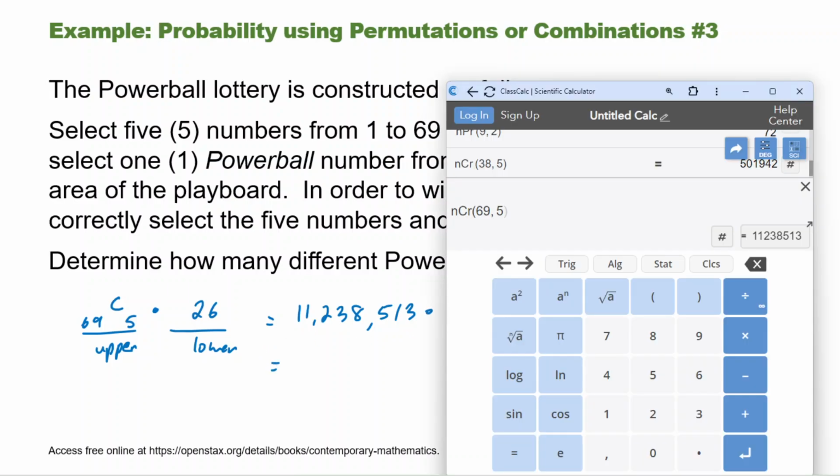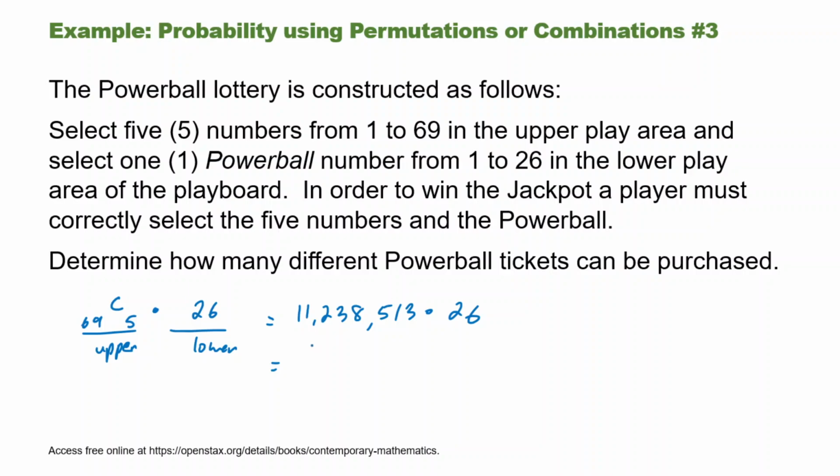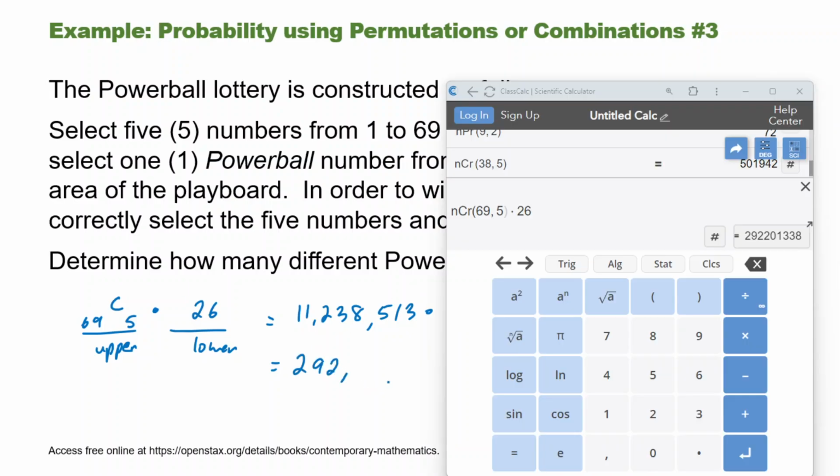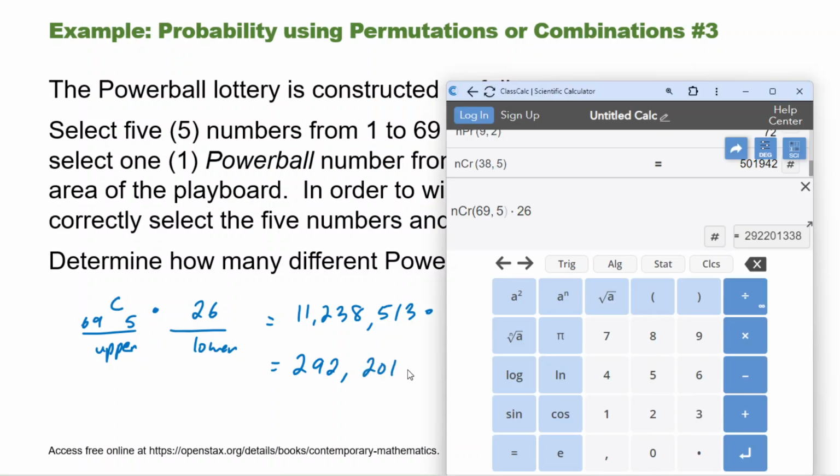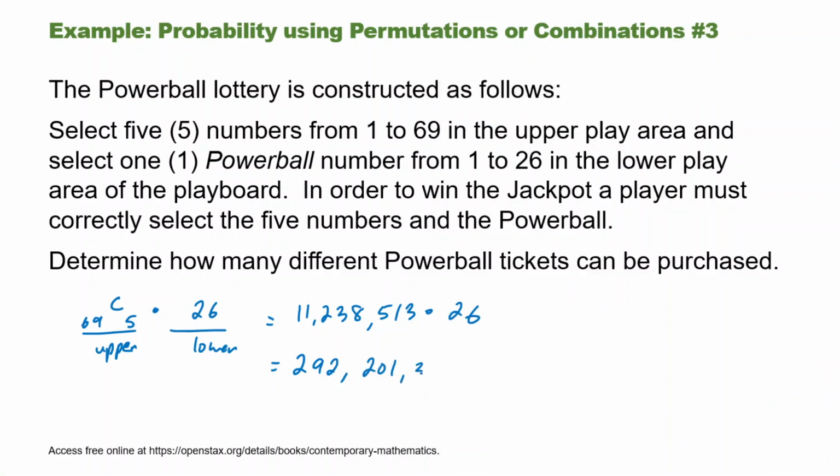So now I'll just go back over here and add times 26 at the end of that. Oh, wrong place. After my parentheses, times 26. And there are a lot of values here. Let's see. 292 million, 201,000, 338.